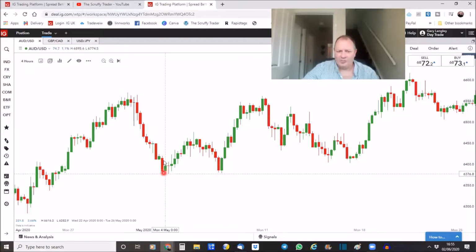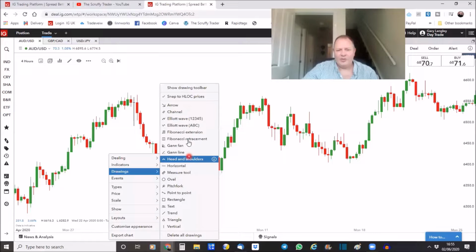So that tells you pressure up. Strong momentum to the upside is the other clue. So you could draw your fib in here, okay, and you could do this.